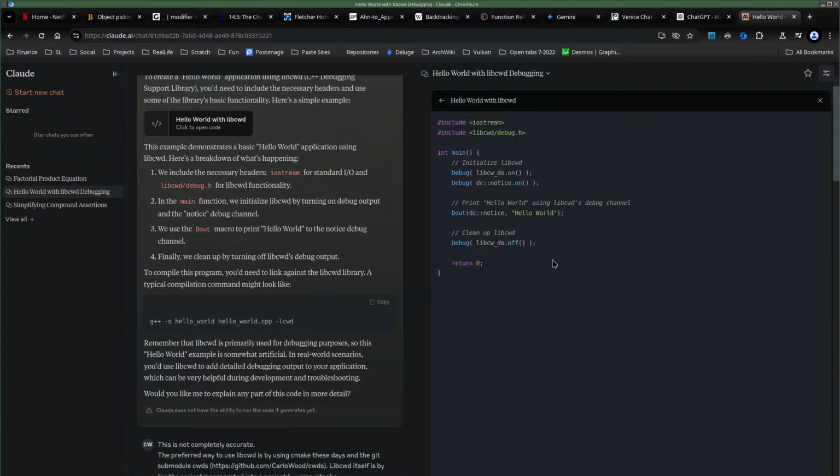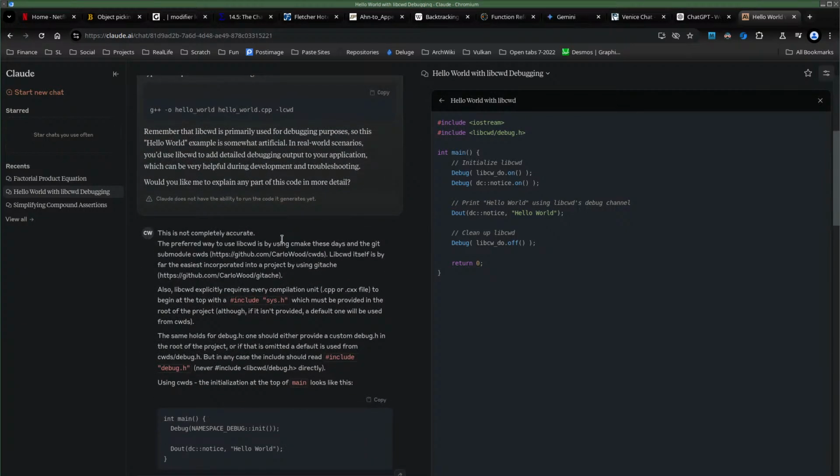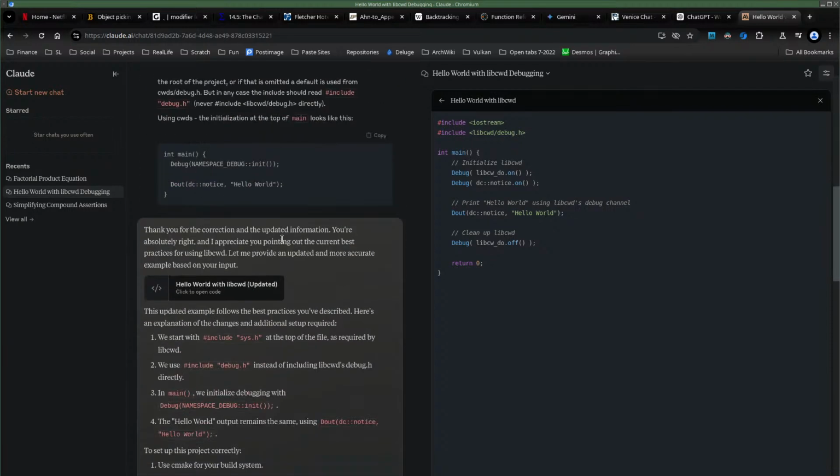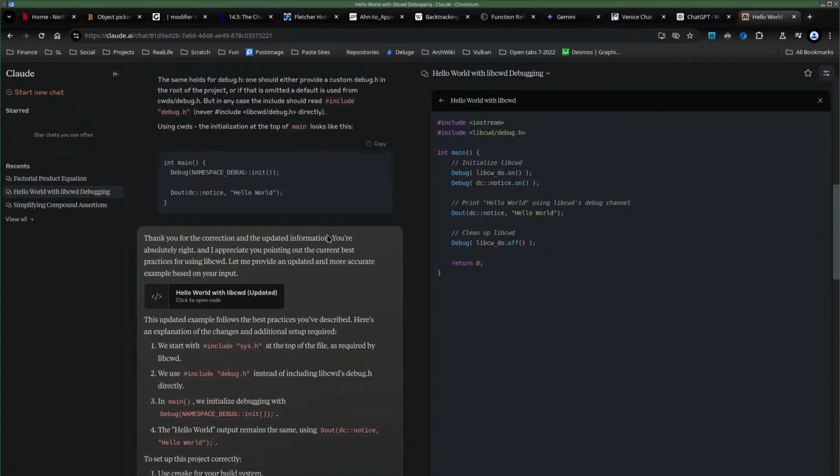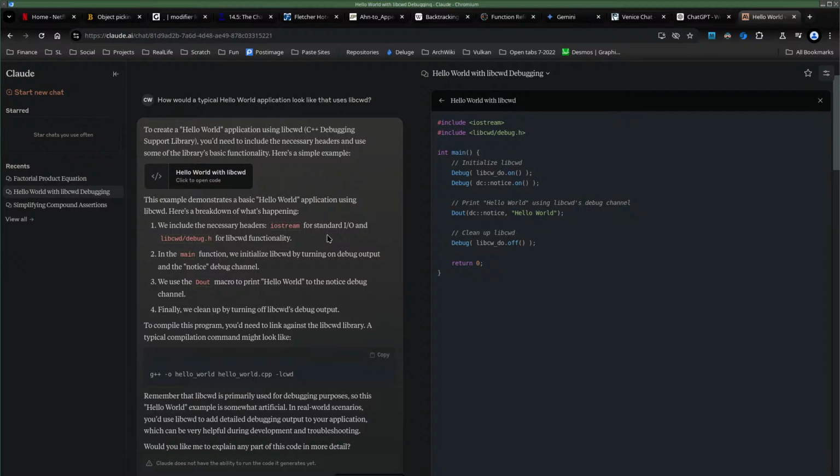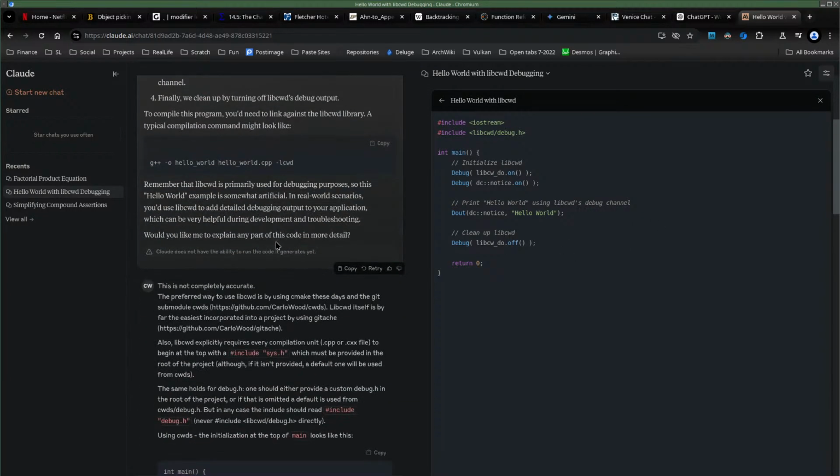This probably just works, except that you have to start with include sys.h. And let's see, yeah, there's no CMake here.